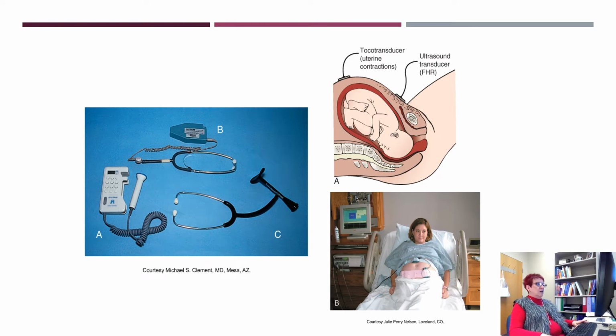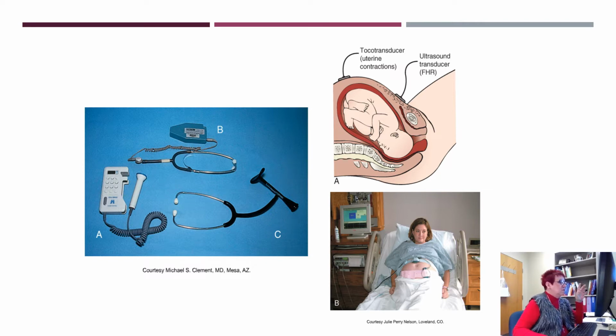So here are some devices that can be used to do the intermittent auscultation. Now on the left-hand side, the A is the typical Doppler that we use to detect fetal heart tones. Now the little wand that you see there, lots of times the top of the wand or the head is much wider. That really doesn't matter, it can be used that way.